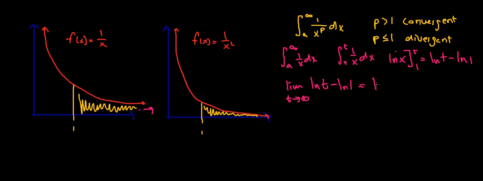This is going to be equal to the natural log of infinity minus natural log of 1. It's just going to go to infinity. So the limit does not exist. No limit. If there is no limit as I go to infinity, then that means there's no definite area.